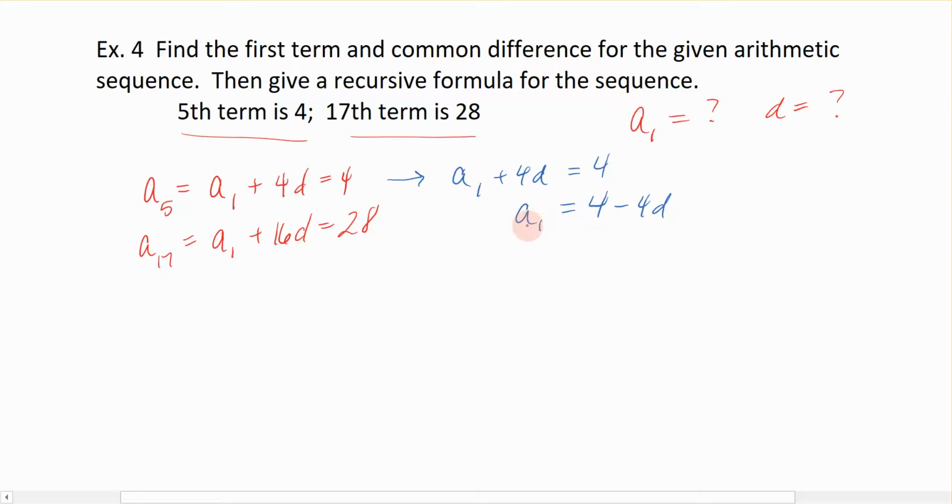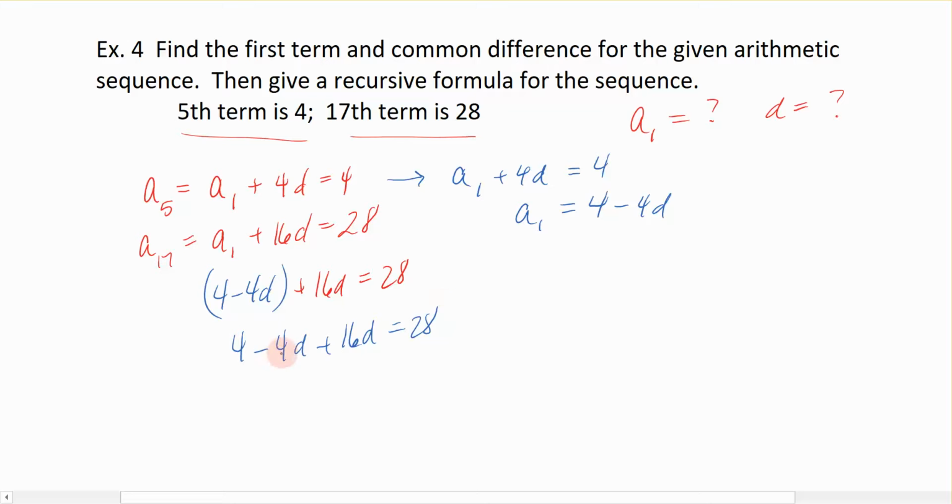Now that I know what a1 is, I can substitute a1 into this equation over here. So that would be 4 minus 4d plus the 16d in that equation is equal to 28. Now I have one equation in one variable and I can solve.